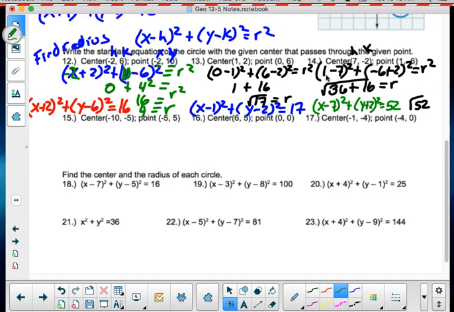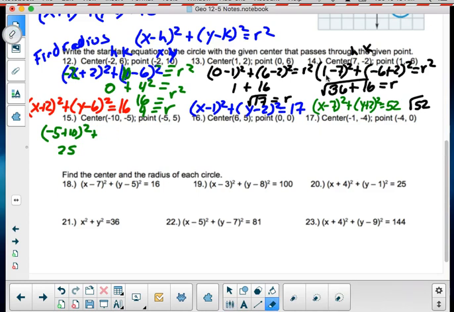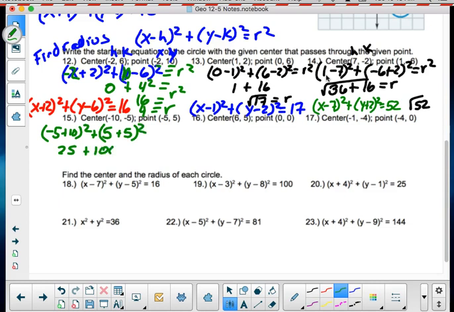My next one, all I'm doing is using my center and my x, y. Again, x is −5, my center h is 10, so I've got 10 squared, which is 25... plus (−5 plus 5) squared, that's 100. So now I've got r squared equals 125.